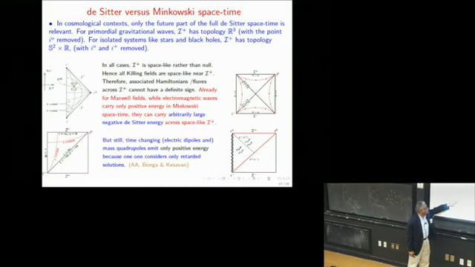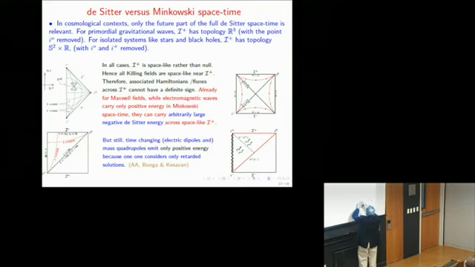And one is just looking at the future portion up here. Then the topology of scri, with i0 not included, is that I'm removing one point from S3, so the topology is R3. If you have an isolated system, then I have to remove this point as well as this point, and the topology of scri is S2 cross R.